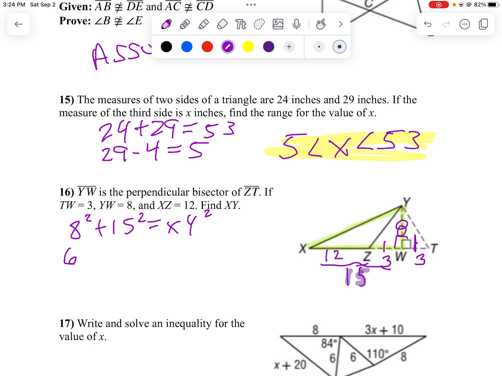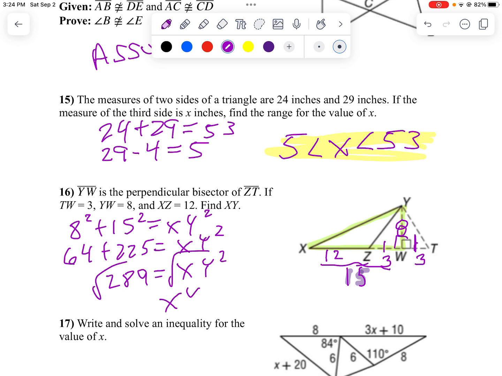Or 64 plus 225 equals XY squared. 64 plus 225 is 289 equals XY squared. And then take the square root of both sides. X to Y is 17.